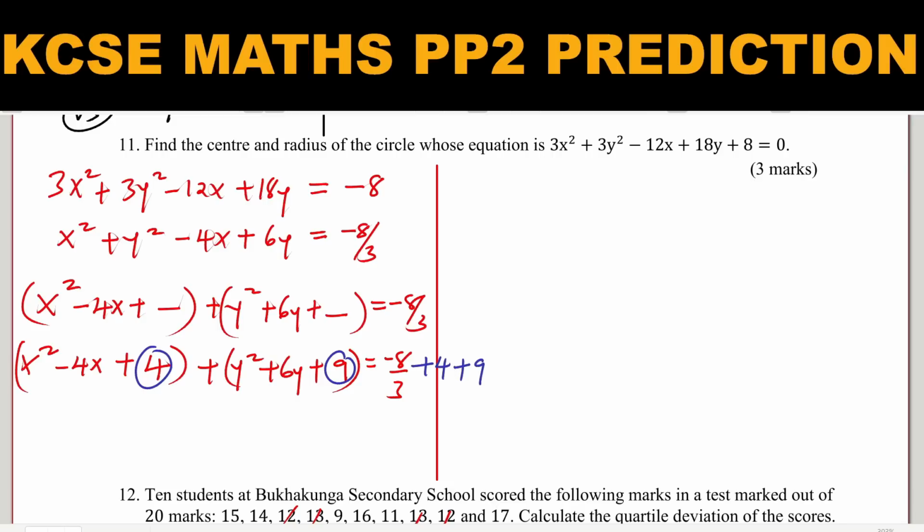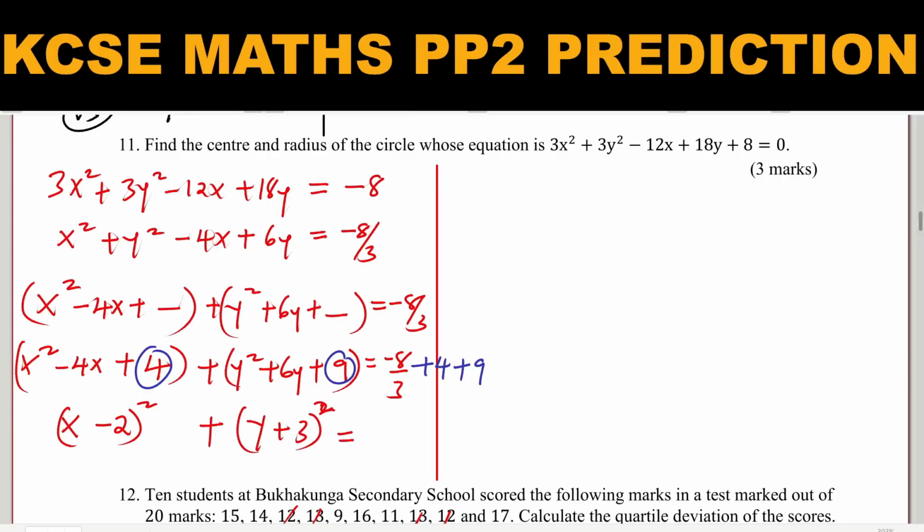Then from there, you can factorize these. x squared minus 4x plus 4, if you factorize that, you get x minus 2 squared. And then y squared plus 6y plus 9, you factorize that, you get y plus 3 squared.